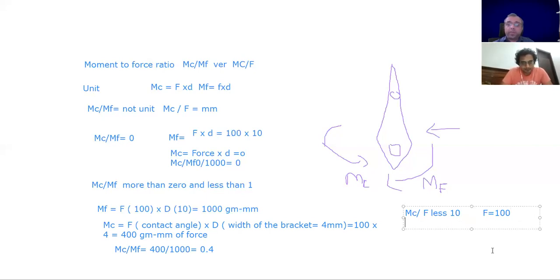Now the moment of couple. As I said previously, the force is indefinite but the distance is definite.